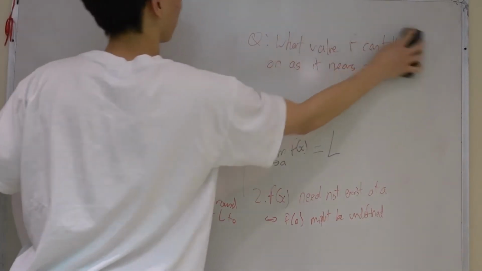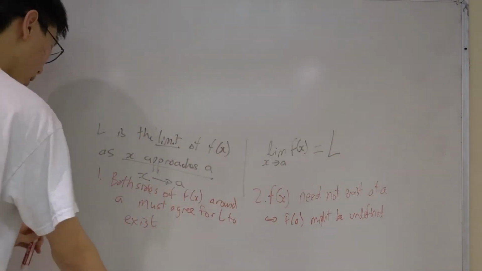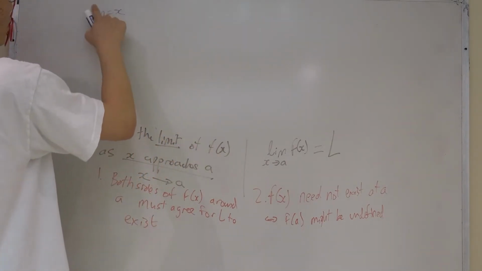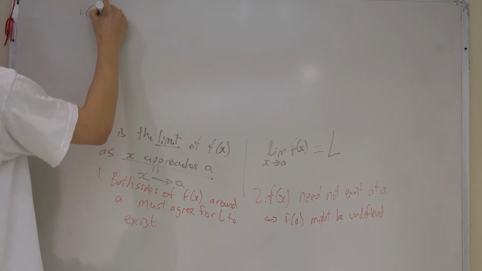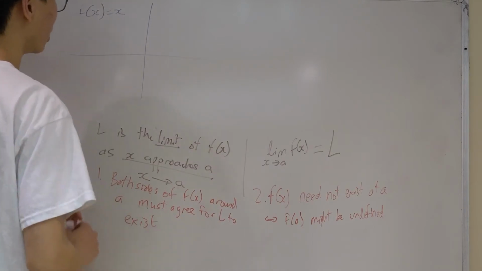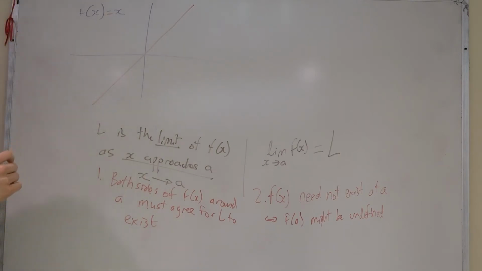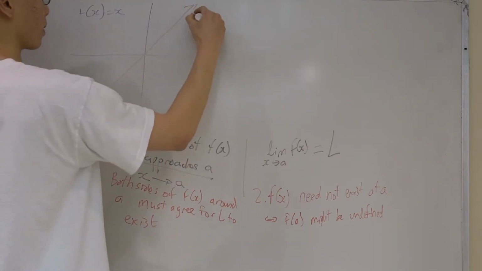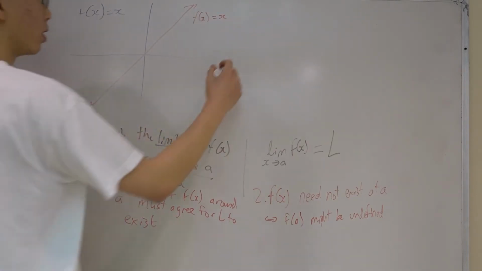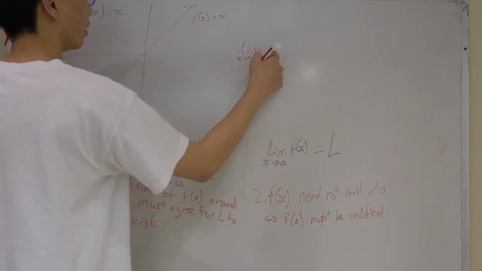Let me keep this on the board and make some very important distinctions using some examples. The first example is a good old function, y equals x, or f of x equals x. Very simple function. Here's my function y equals x, and I'm going to ask what is the limit as x approaches 1 of this function, x.